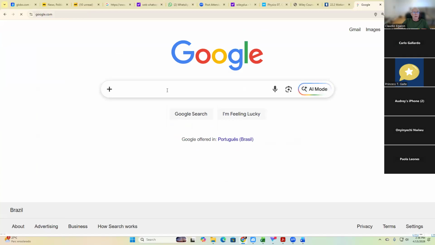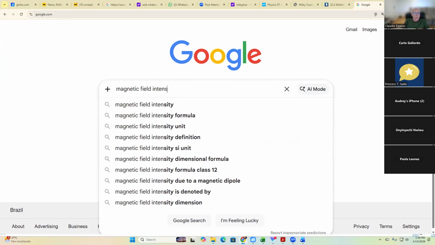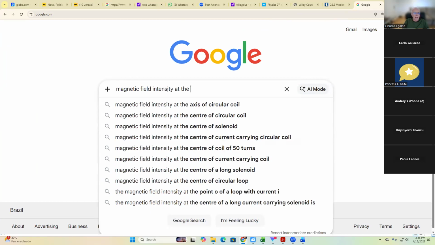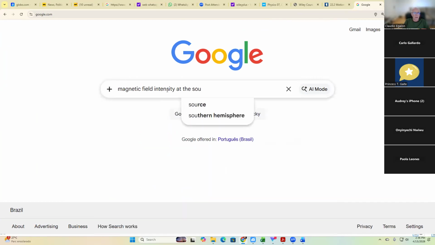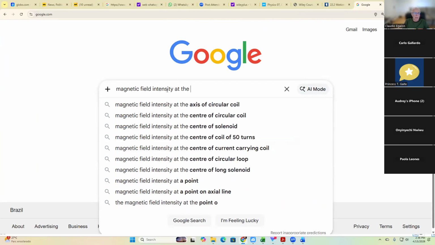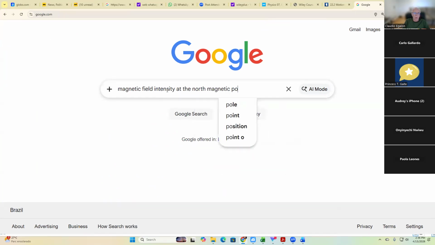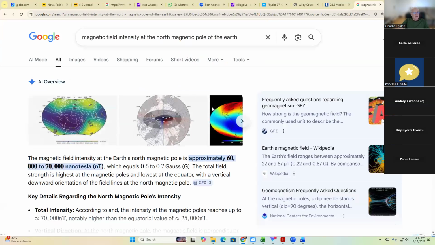Magnetic field intensity nearby the South Pole, at the North magnetic pole of the Earth. Let's see. Yeah, here you go.